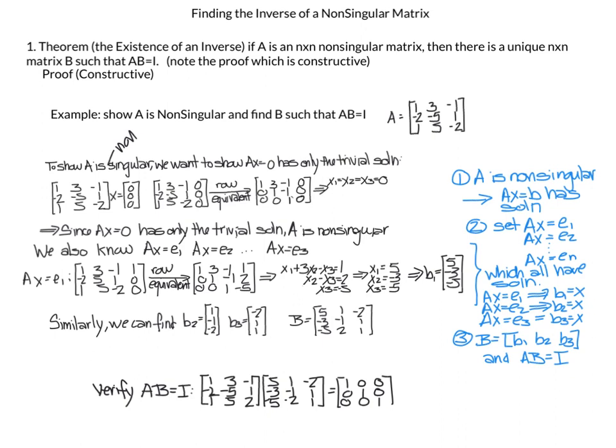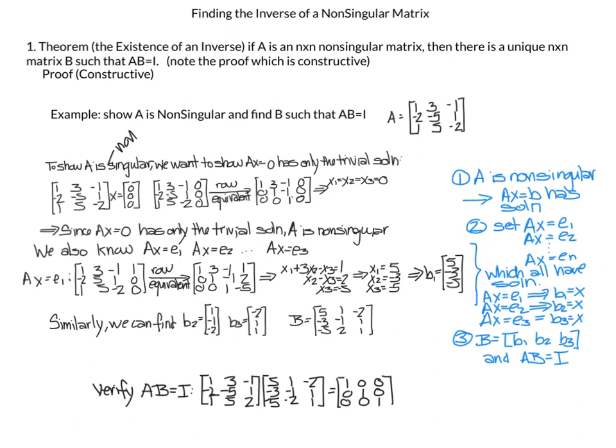And just to summarize this procedure from the previous proof, and also to help us understand the proof better, we started by saying A is non-singular, and by a previous theorem, that means AX equals B has solutions for all vectors B. So we knew that AX equals E1, AX equals E2, up to AX equals E3 all have solutions.